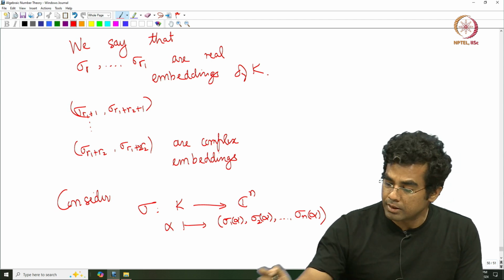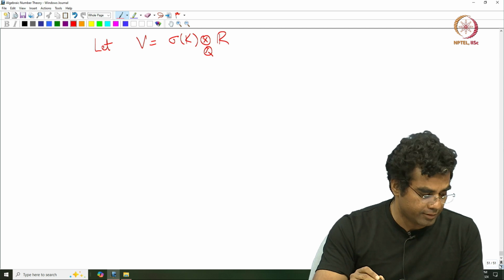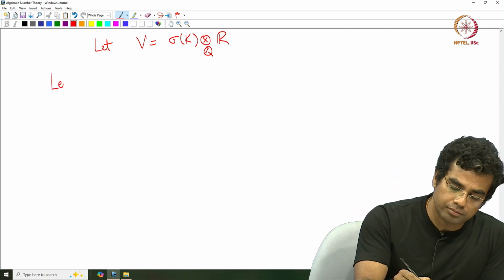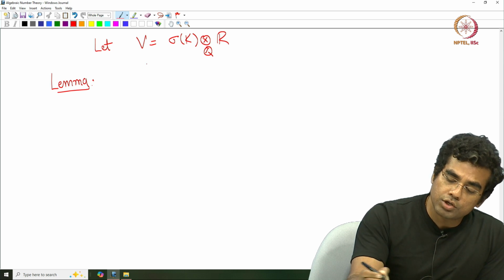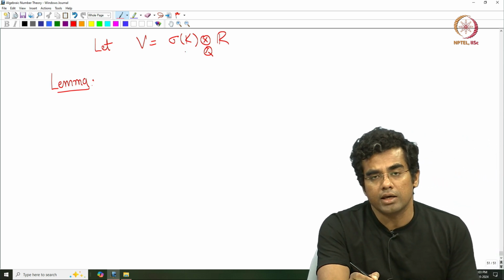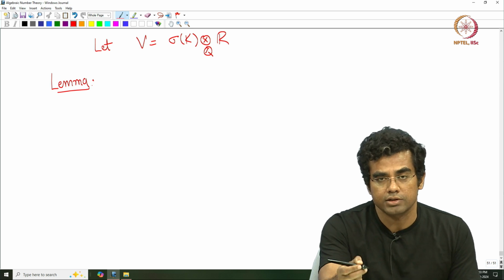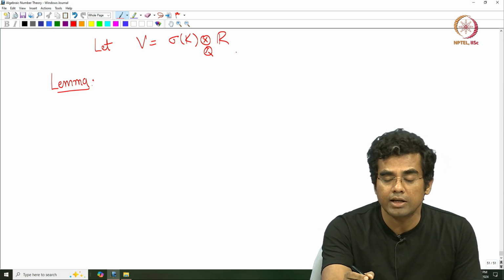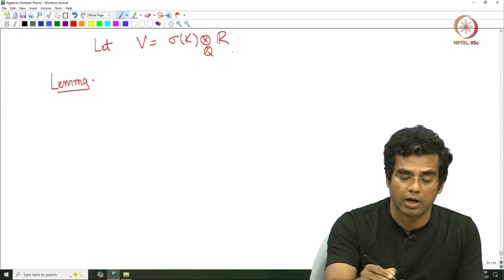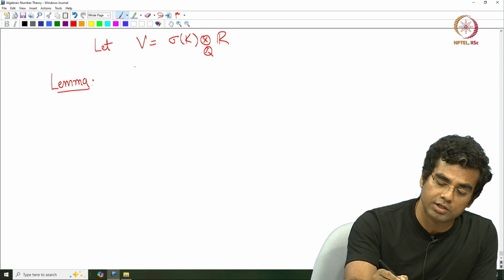Okay. Now, I want to find out what this V looks like first. So, here is a small lemma that tells me what the V looks like. So, sigma of K is a vector space over Q, because K is a vector space over Q, right. And when I tensor it with R, you get a vector space over R, and first of all I want to know what its dimension is.